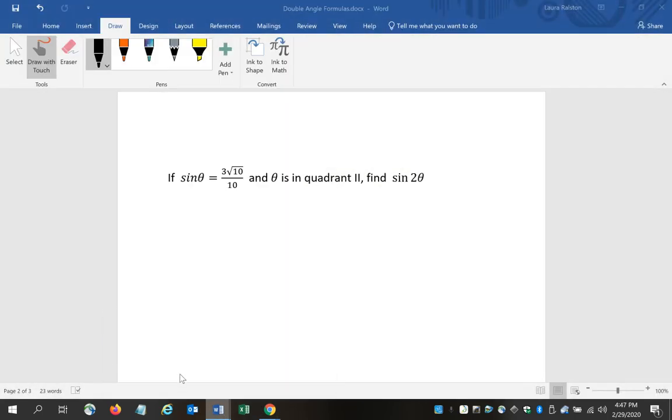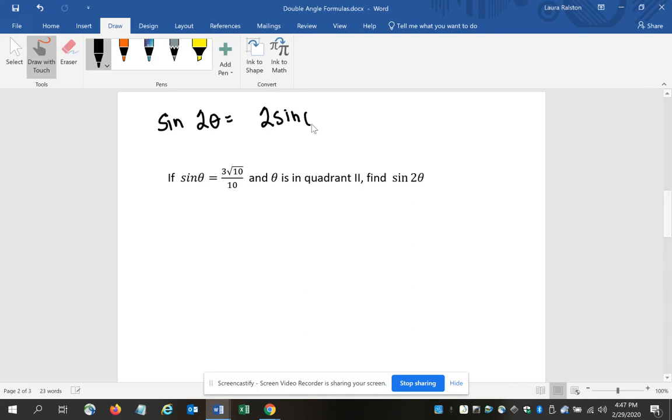The sine of 2 theta is 2 times the sine of theta times the cosine of theta.